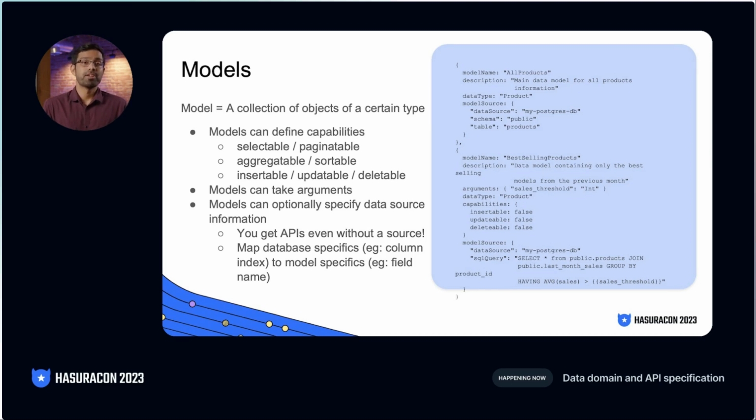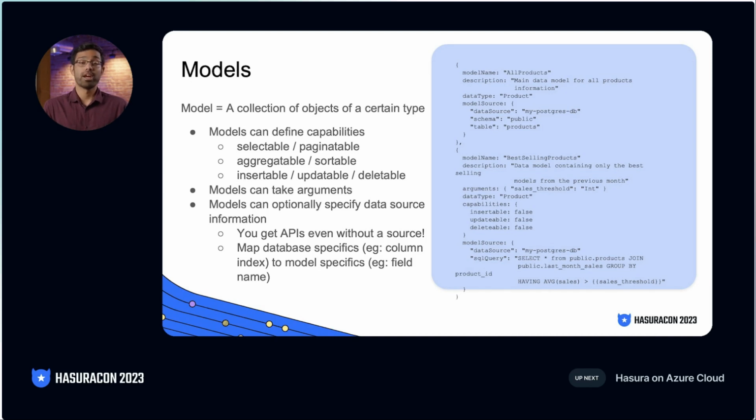In Hasura's implementation of OpenDDS, you can specify how a model maps to the underlying data source, including mapping any field names to potentially different column names in the raw data source. However, this mapping is required only for actual query execution, and the rest of OpenDDS, including your final API contract, is agnostic of the model source.